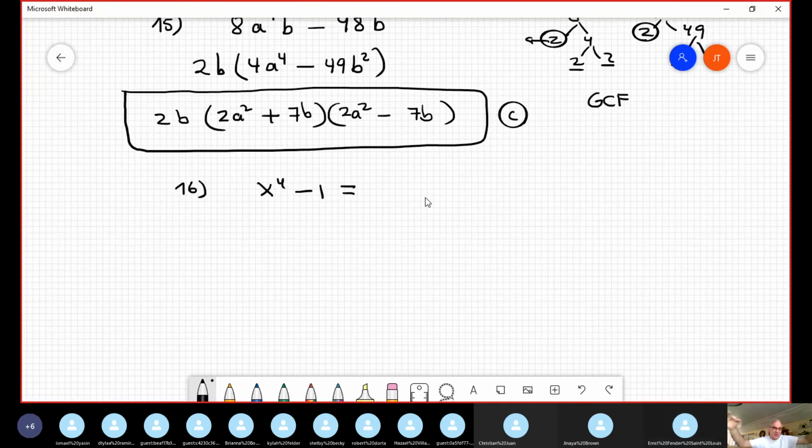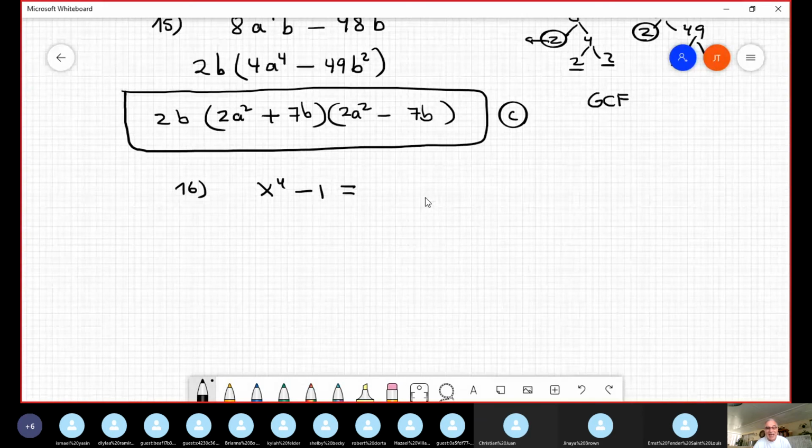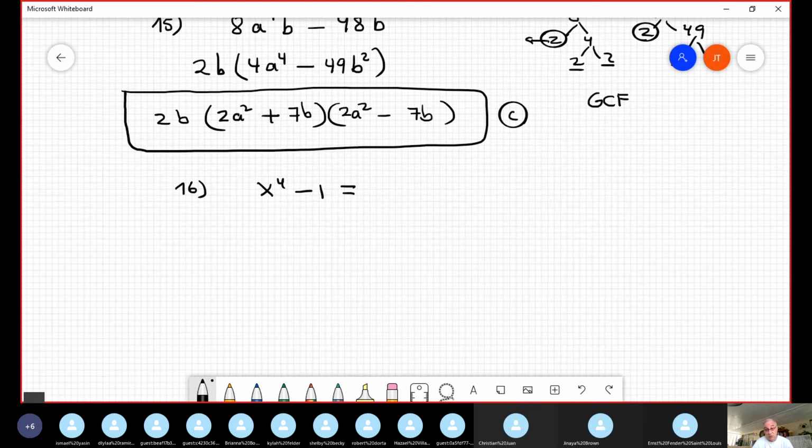I repeat, when the exponent is even, it's the same as the second power; you consider it like a square. When it's not even, it's maybe a cube. So open the formula: the square root of this is x squared, and the square root of 1 is 1, plus or minus.